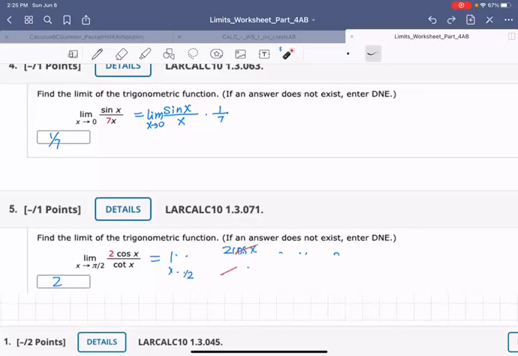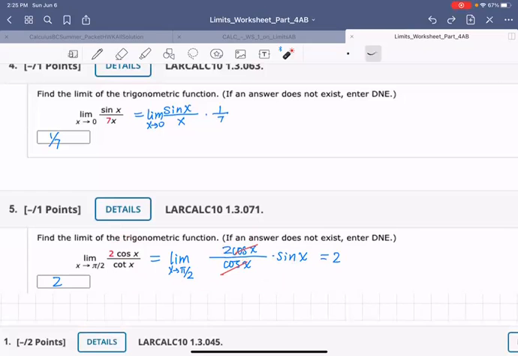All right, let's see here. That guy is cosine over sine. When cosine over sine is divided by this, the sine will flip to the top and cosine will cancel. Sine of pi over 2 equals 1, so this is 2 times 1, which equals 2.